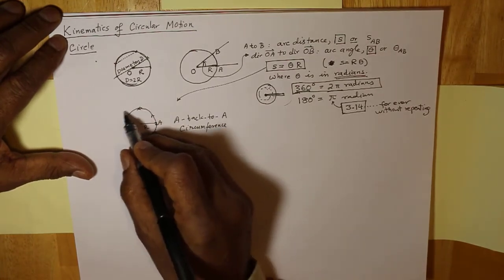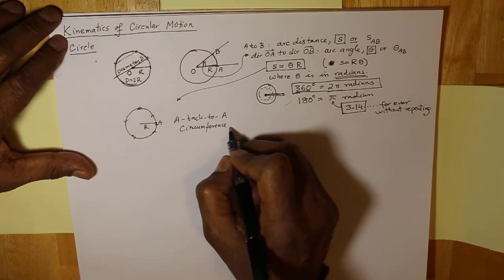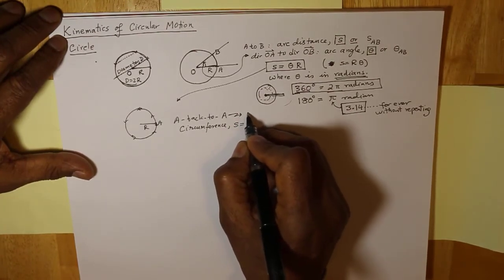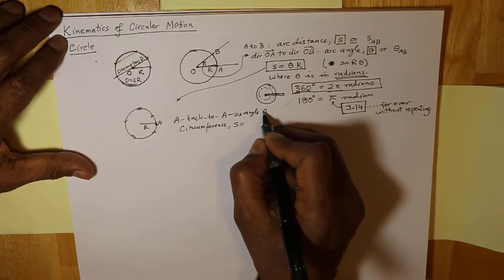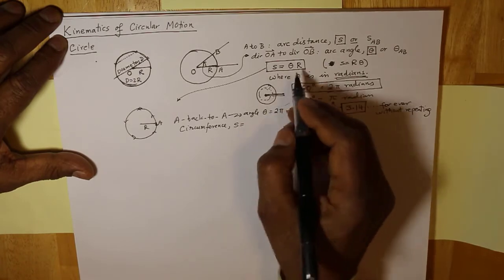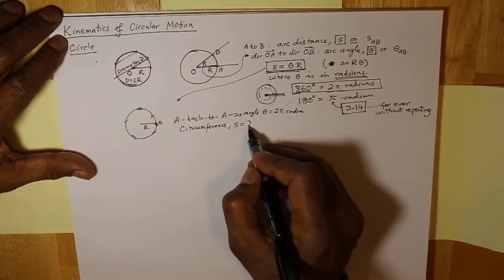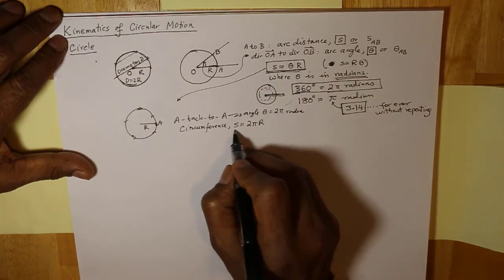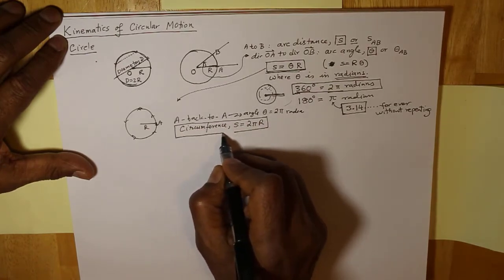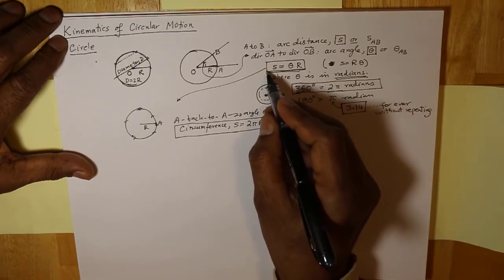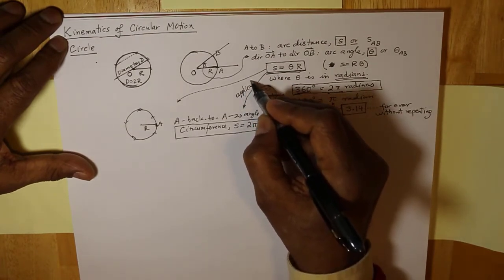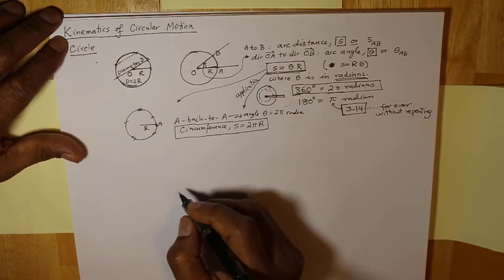So circumference S, looking at the angle, will be 2 pi radian. So if I use this formula, I have 2 pi r. So the circumference formula that you may have memorized is just an application of this formula. I can apply this to any other distance.